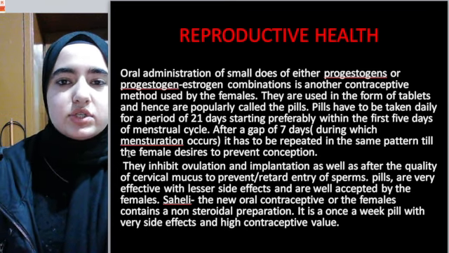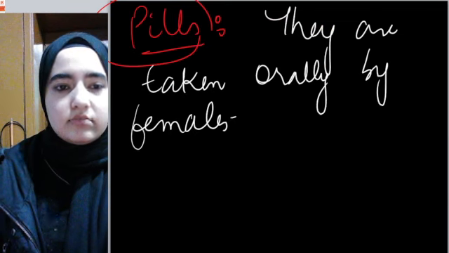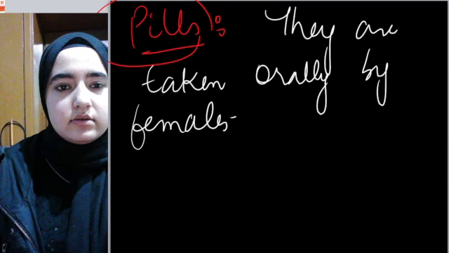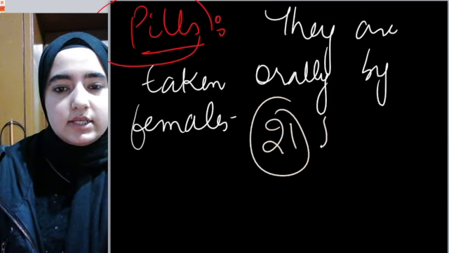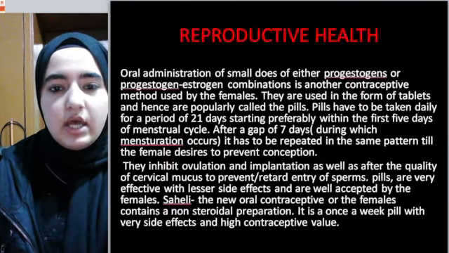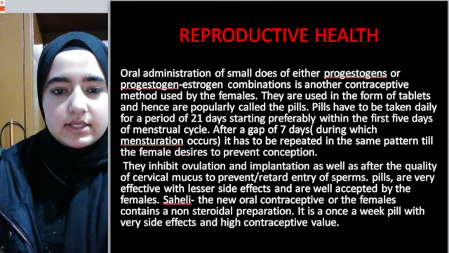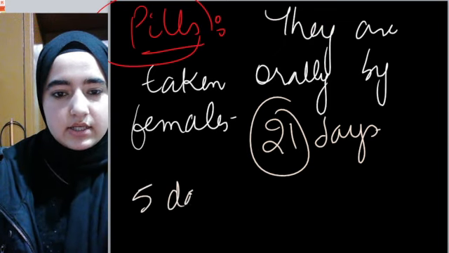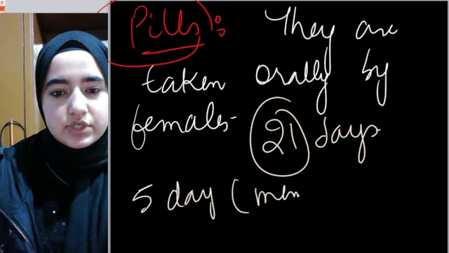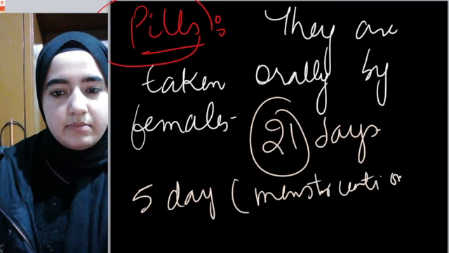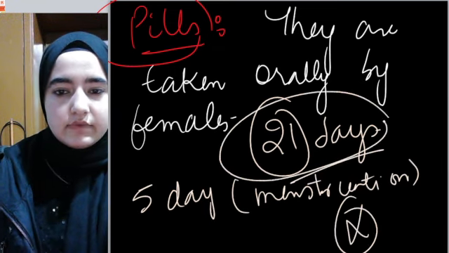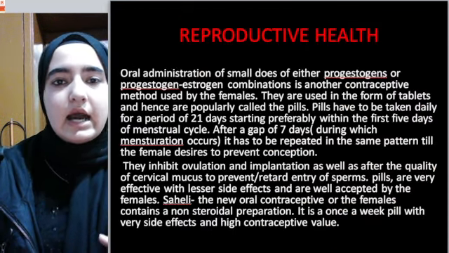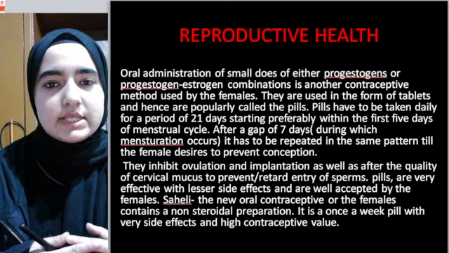Saheli was once a week pill, but pills other than Saheli have to be taken for a period of 21 days. Sorry, they have to be taken for 21 days, and during the first days of the menstrual cycle, during which menstruation occurs, they should be avoided.